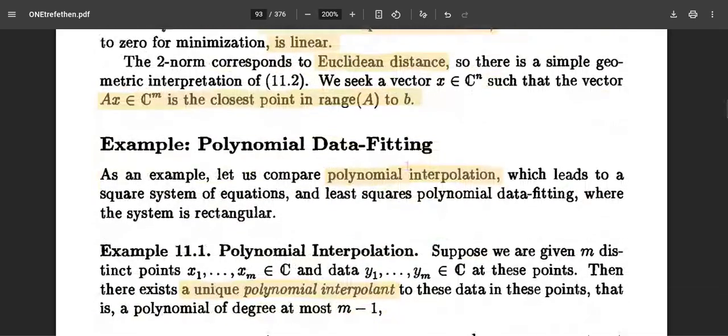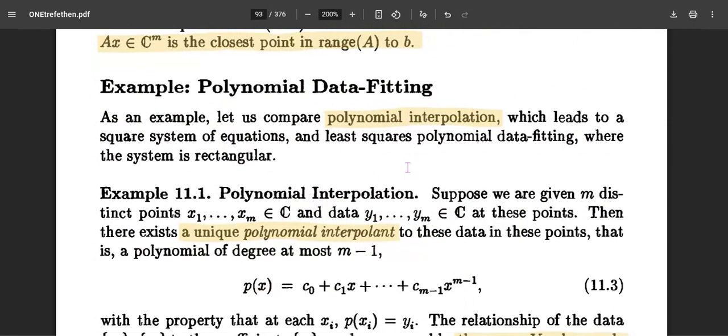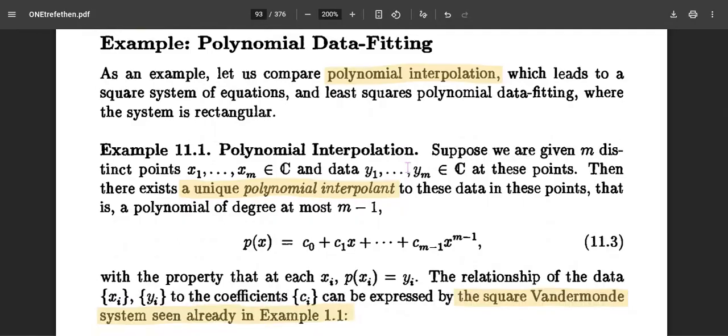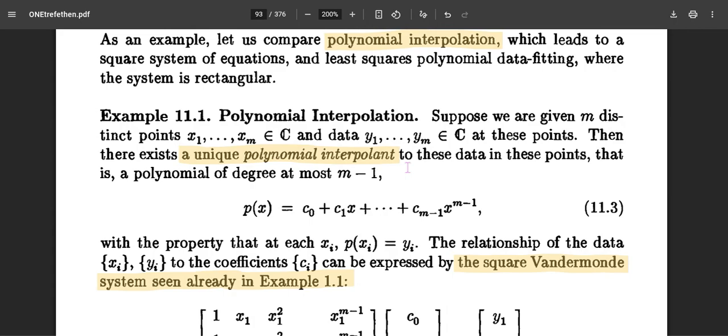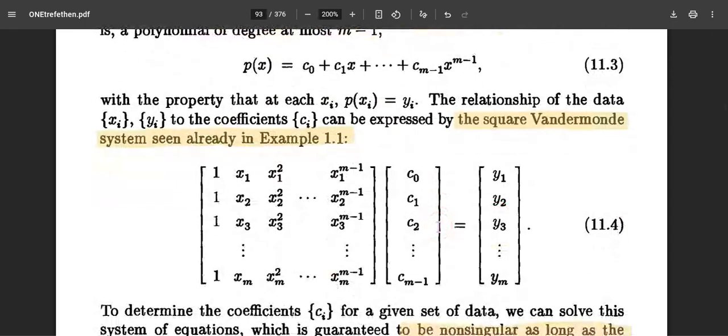For example, if we are taking polynomial fitting, we have m data points. The best polynomial to fit or to make an interpolation would be an mth order polynomial, which is expressed by equation 11.3. In terms of matrices, it ends up with equation 11.4, called the square Vandermonde system.